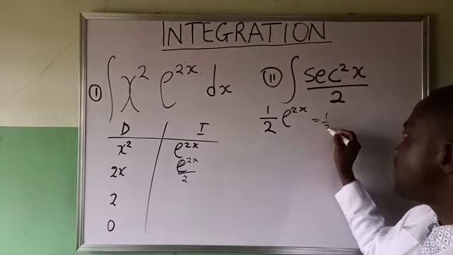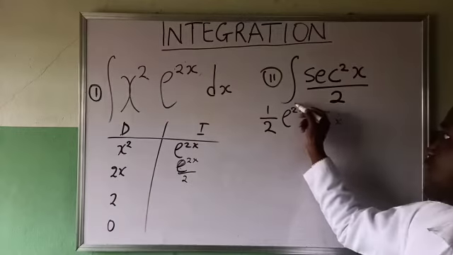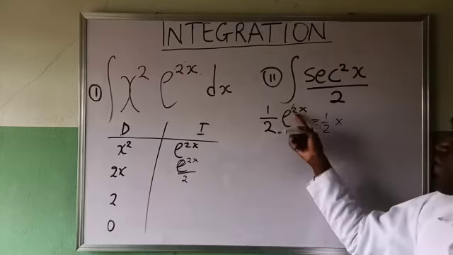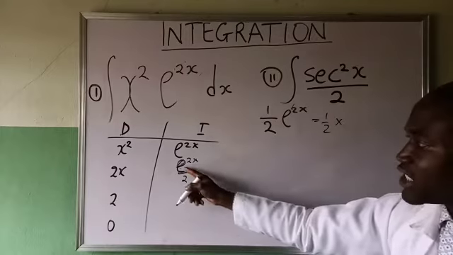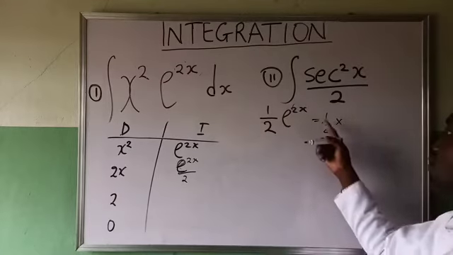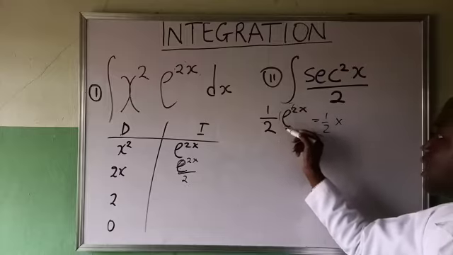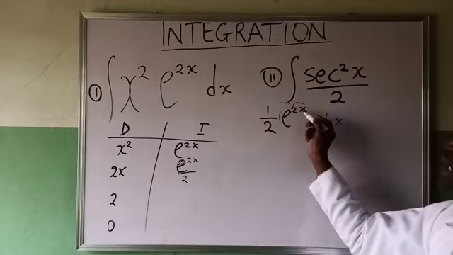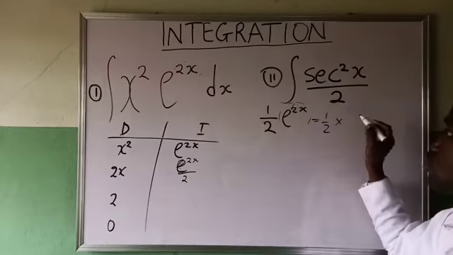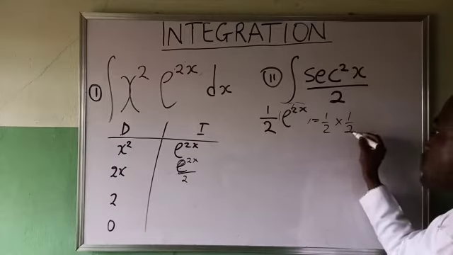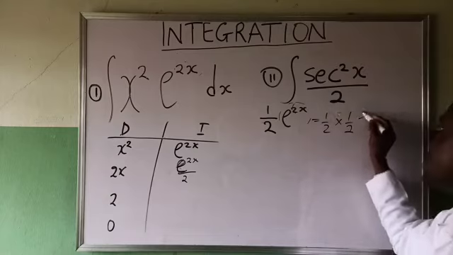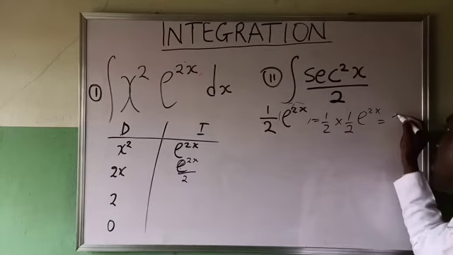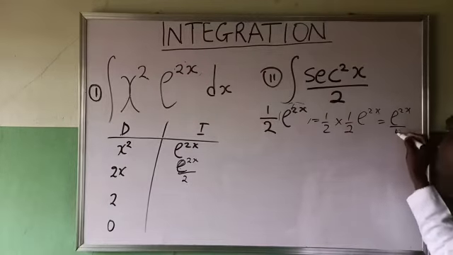This means 1 over 2 times integrate. To integrate exponential 2x over 2, I'll write 1 over 2. Then integrate this. To integrate exponential 2x, differentiate 2x, 2. Invert it, 1 over 2. Then attach exponential 2x. That will give me exponential 2x over 4.